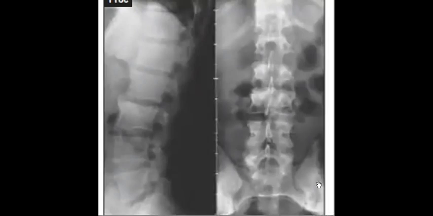Marwa, perfect. So again, here you will find the sacroiliitis and maybe some erosion and sclerosis. Nice. Perfect. Symmetrical sacroiliitis.